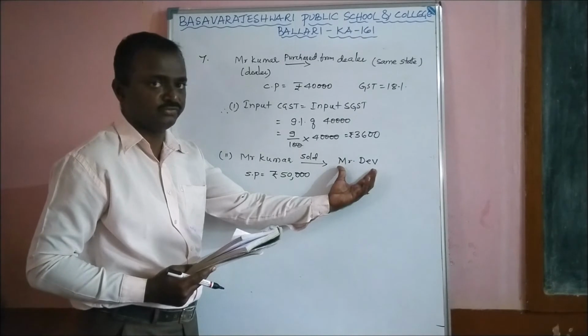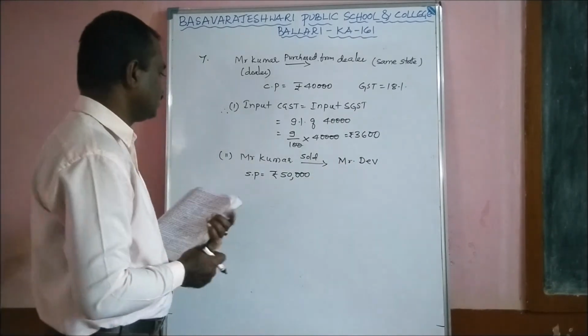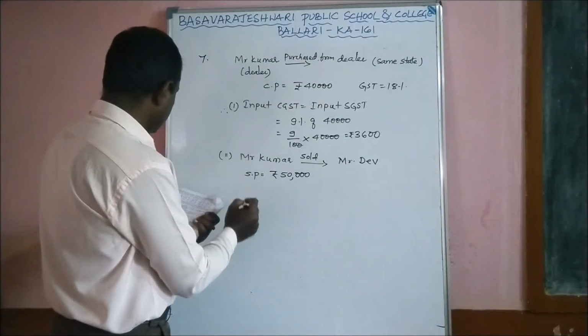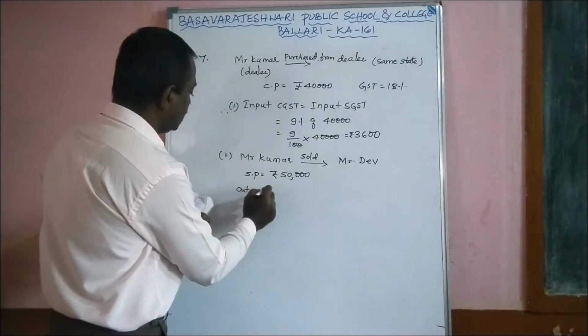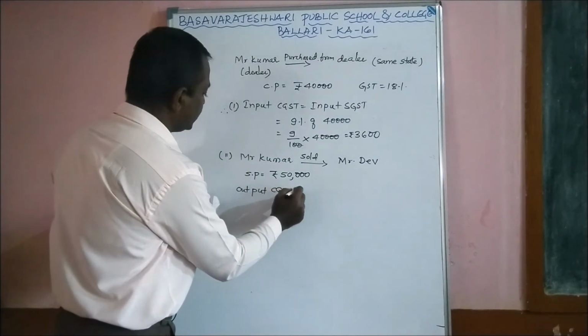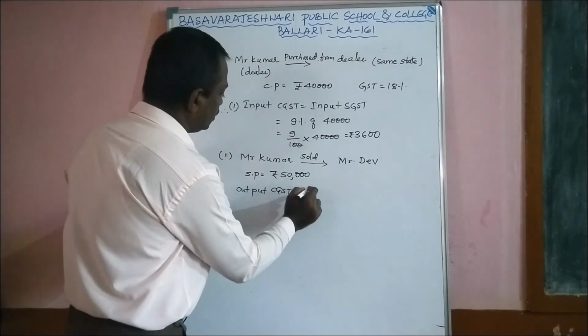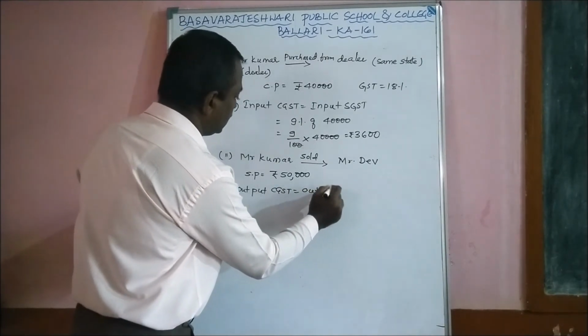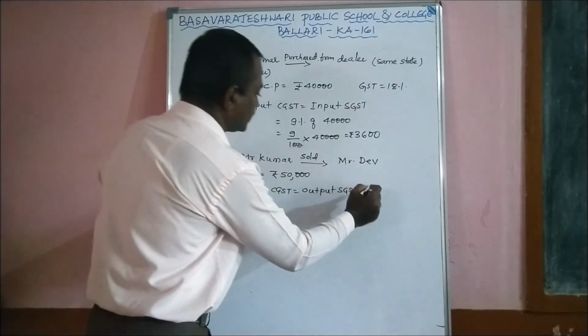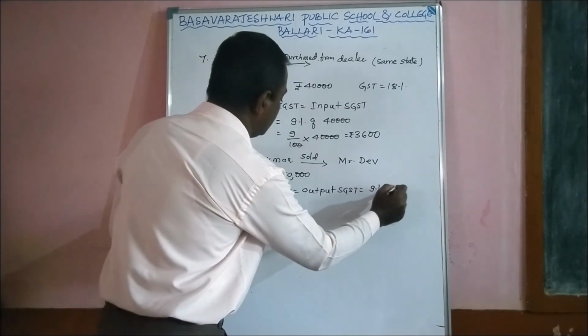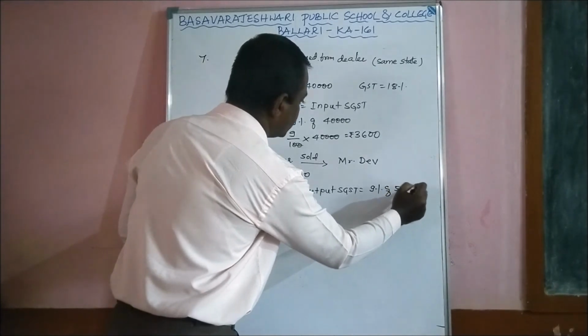So what is output CGST? Output CGST is equal to output SGST, same, half of 18%, that is 9% of rupees 50,000.